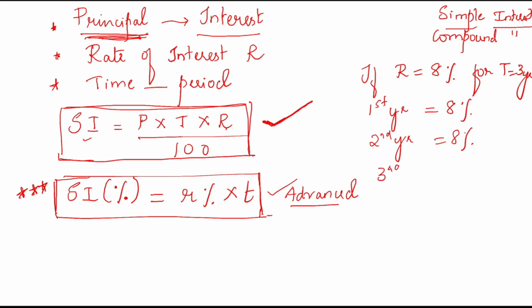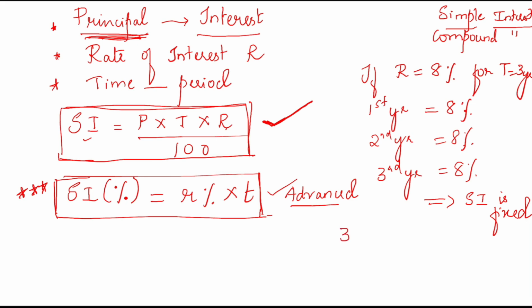And third year also I have to give 8%, isn't it? So this shows that simple interest is always fixed. It will not vary. Okay. So first year I have to give 8%, second year 8% and third year 8%, isn't it? That means for every year, 8% is fixed.